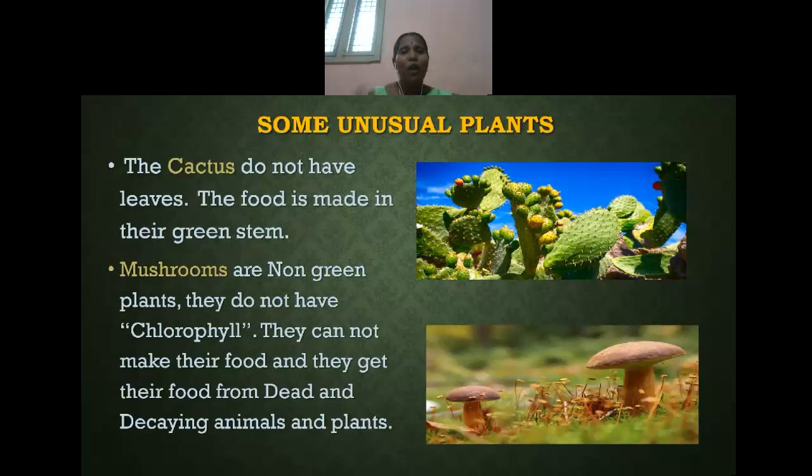Why is it modified like this? I already told you, cactus live in desert places. Desert means very low rainfall, so they cannot get enough water. So they want to store the water in their body, and they do not want to lose water. That's why they are modified like this.